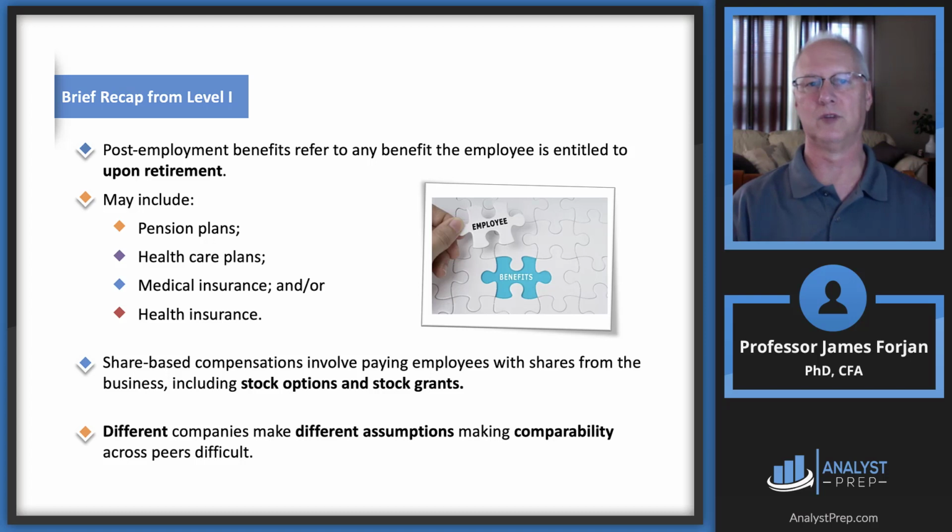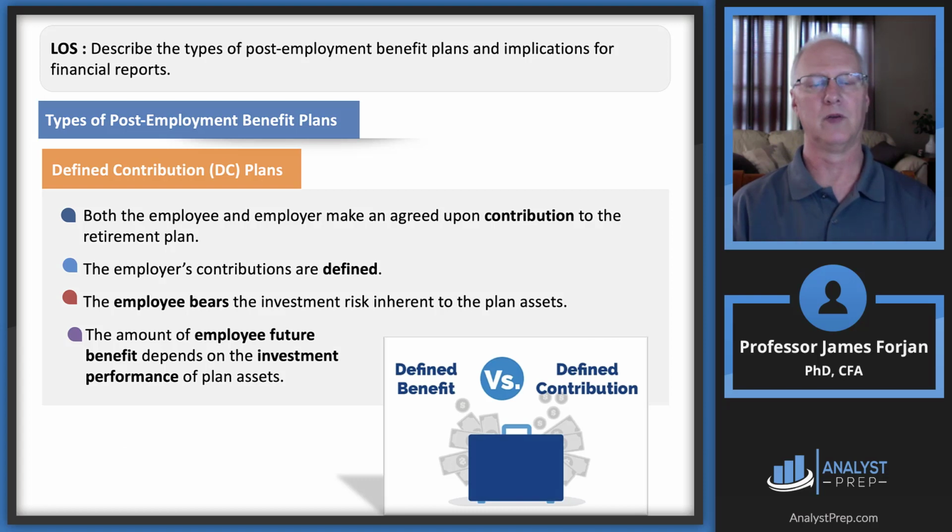This is generally known as share-based compensation. And in order to value these, or in order to place some type of a present value on these benefits on the financial statements, we need to make some kind of assumptions.